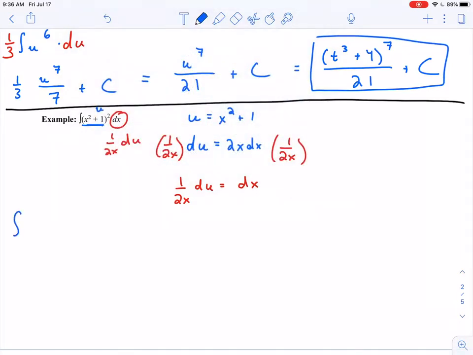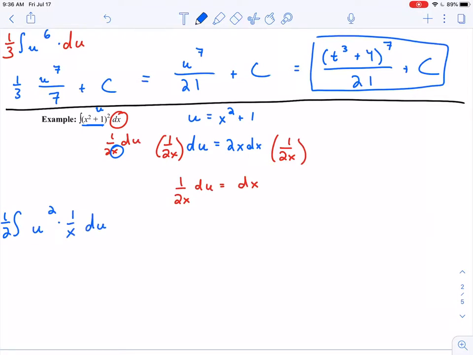So I would say, okay, well, this is really u squared times, well, the 1 over 2x, I can factor out the 1 over 2, but I can't do anything with that x, because remember, I can only factor out constant multiples. x is not a constant. x is a variable here. And so maybe you say, okay, well, let's just leave it in. Well, we'll figure it out. Times du.